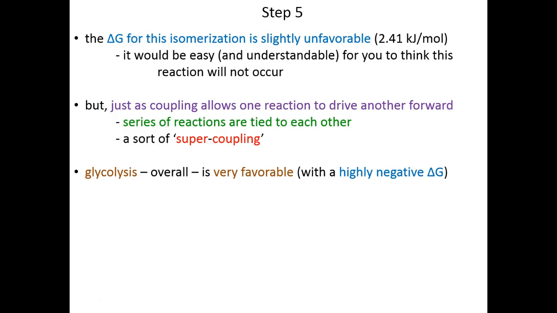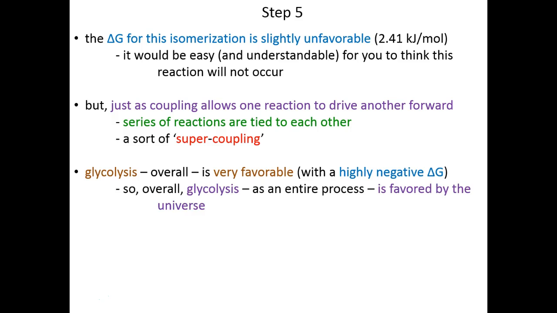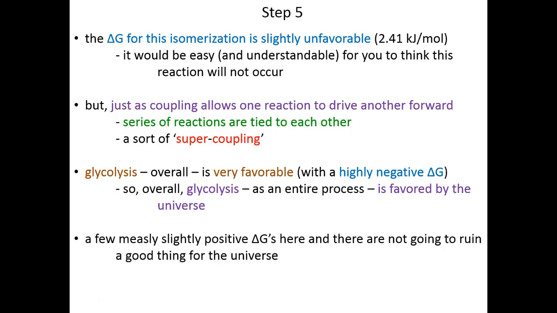It has a very high negative delta G. The universe makes a lot of energy release. The universe gets a whole lot more chaotic by glycolysis occurring than it would compared to glycolysis not occurring at all. So as far as the universe is concerned, the universe loves glycolysis. The universe really likes it when glycolysis occurs because heat is released as a result.